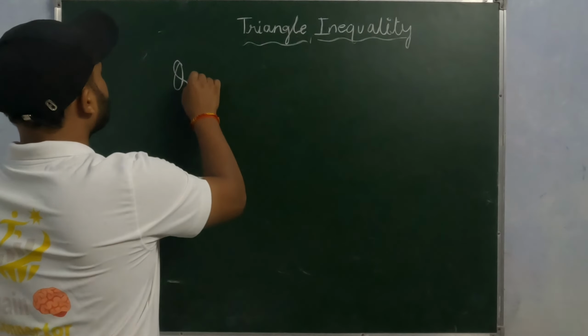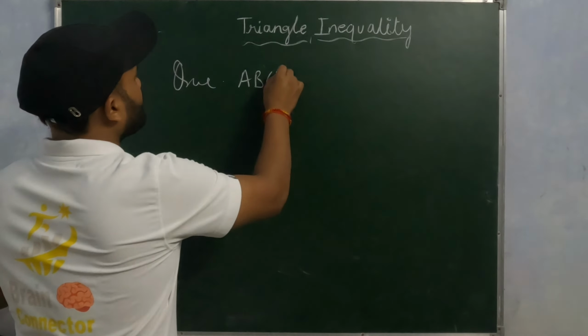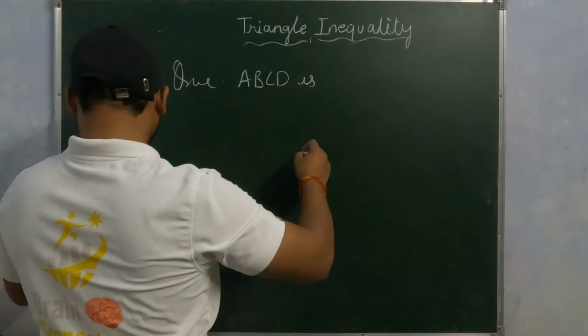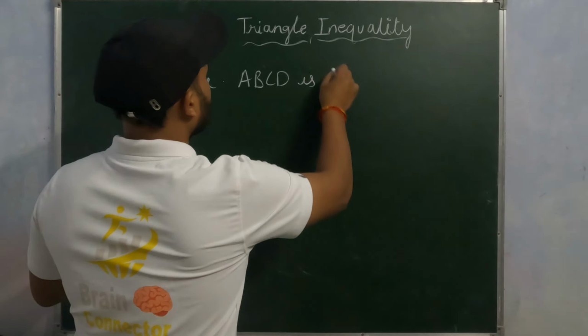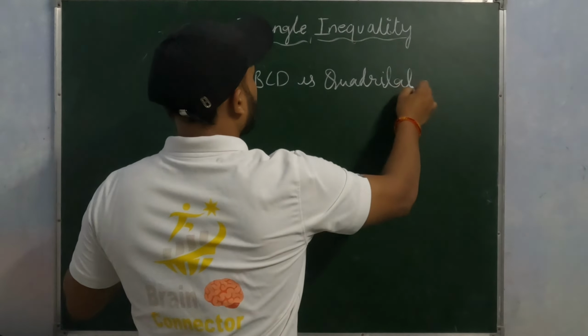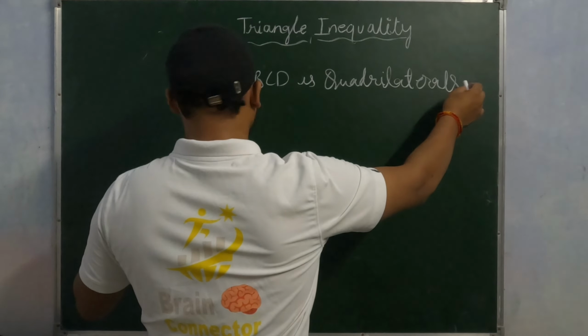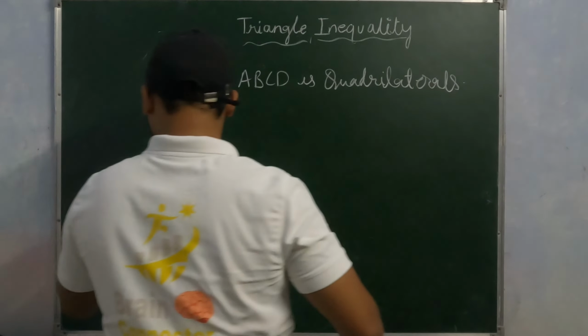The question is: ABCD is a quadrilateral.